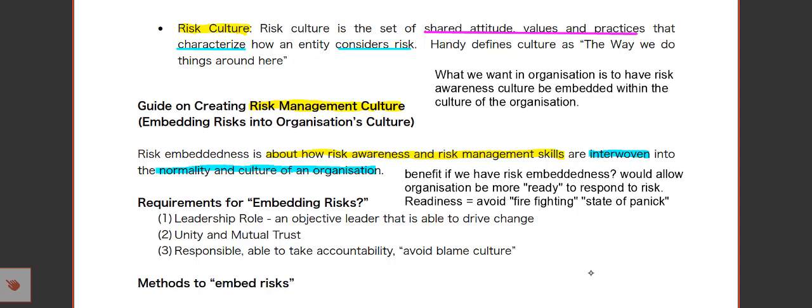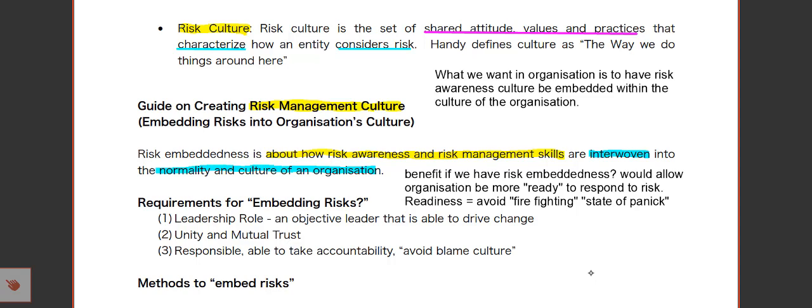That's our risk culture. That's why we say that there are people who are very careless. There are people who are very proactive. There are people who, when they foresee a risk going to happen, will take action early. And so we talk about risk management culture as the beginning.